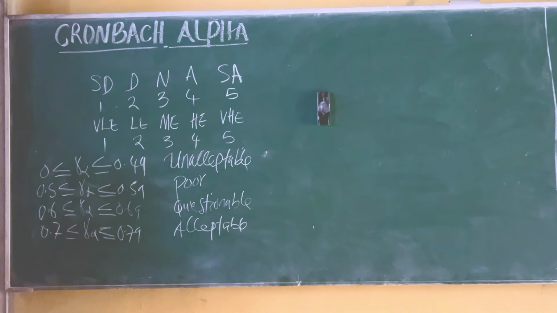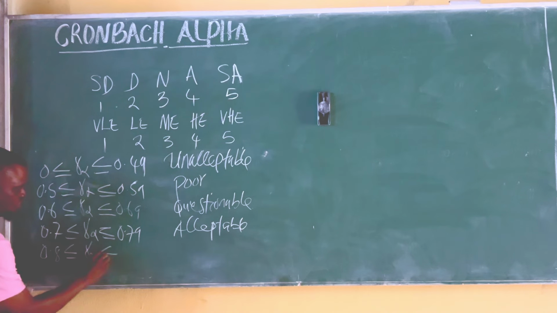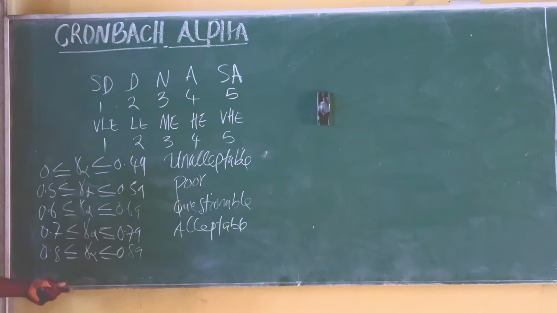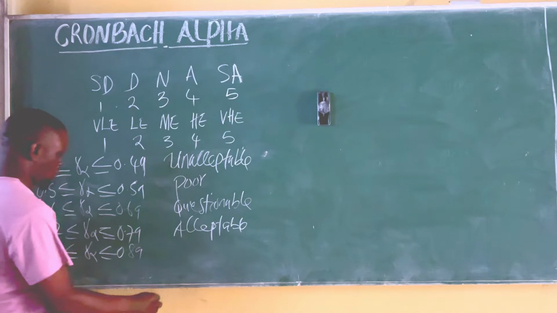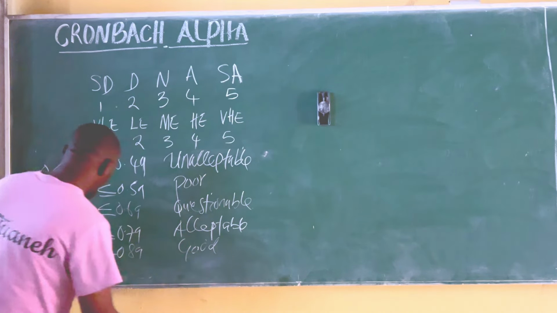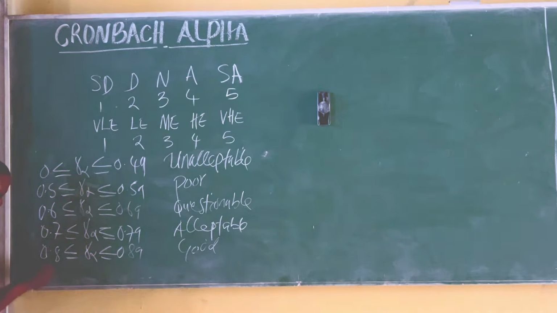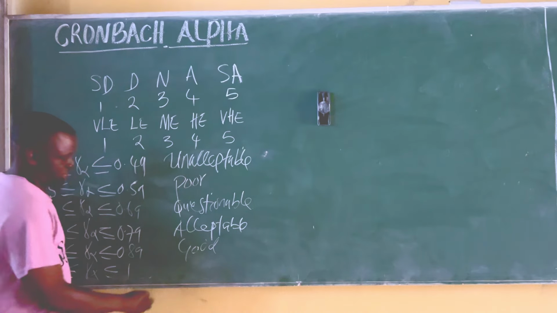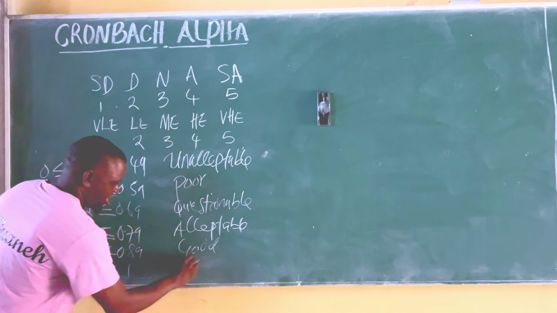Now, if the value is between 0.8 to 0.89, then we conclude that the measurement scale is good. And for values between 0.9 to 1, then we conclude that the scale is excellent.